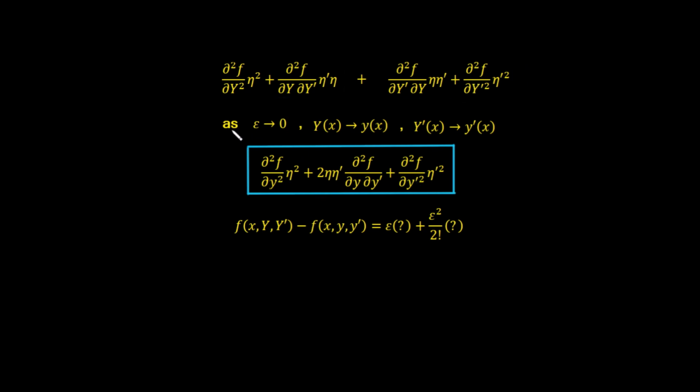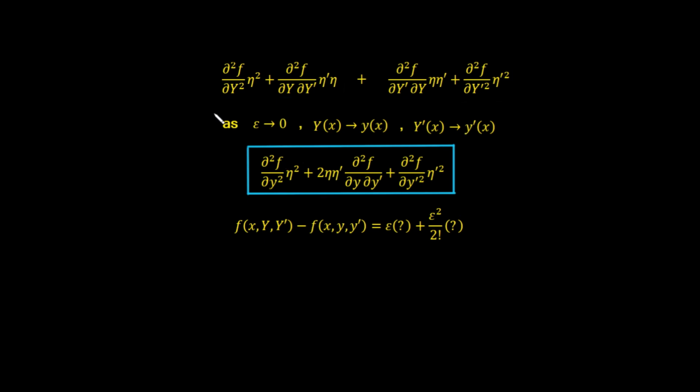Now to note here, whenever the value of our epsilon tends towards 0, the large y of x will tend towards small y of x, and large y derivative of x will tend towards small y derivative of x. So really what we're saying is as epsilon tends towards 0, the variation term tends towards 0, and the functional with the variation added just tends towards the original functional.